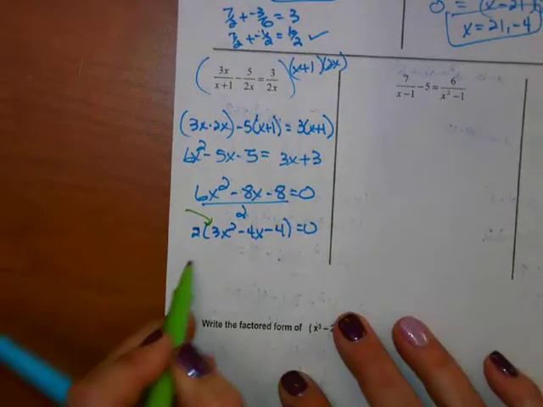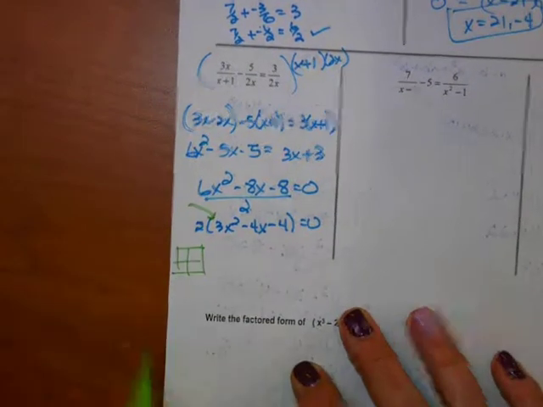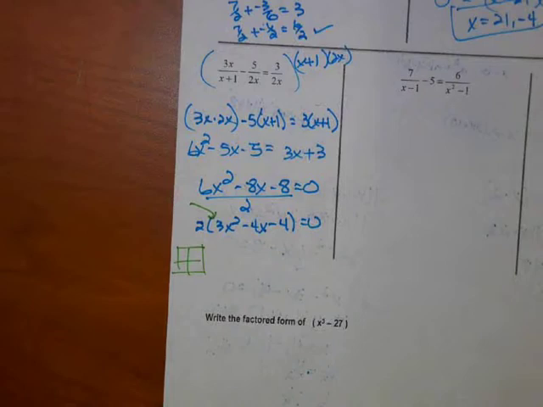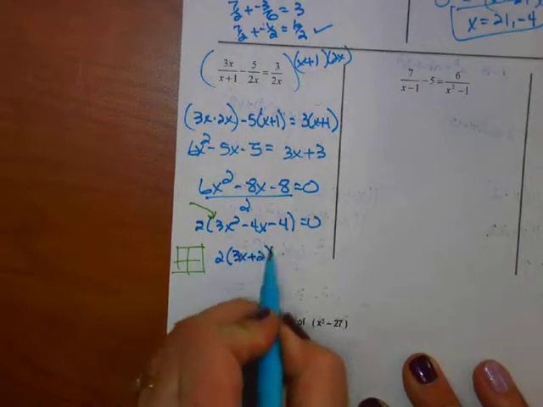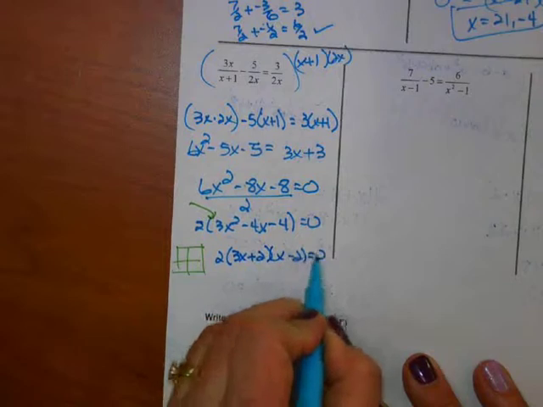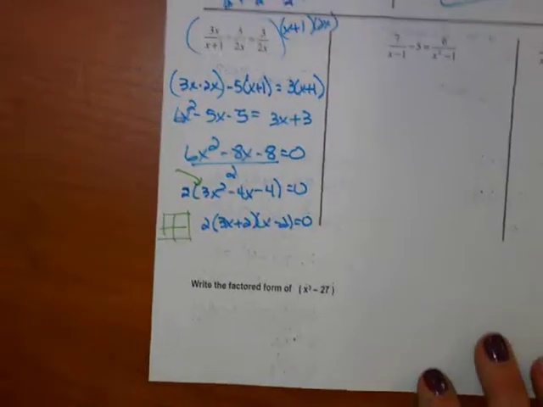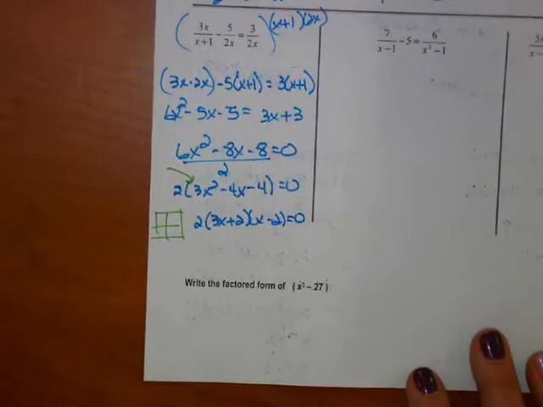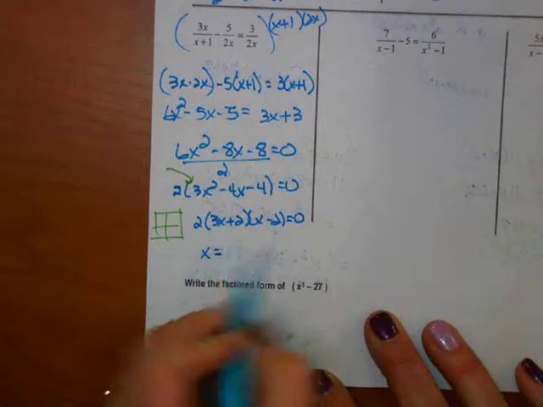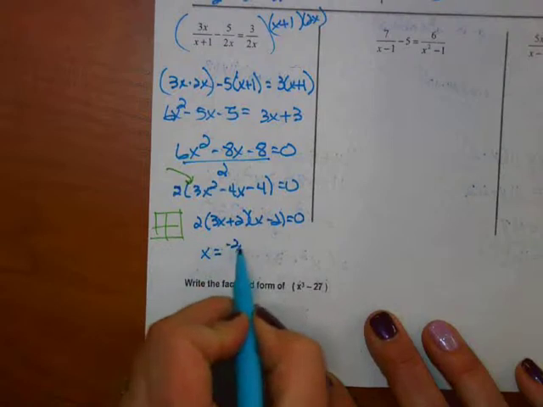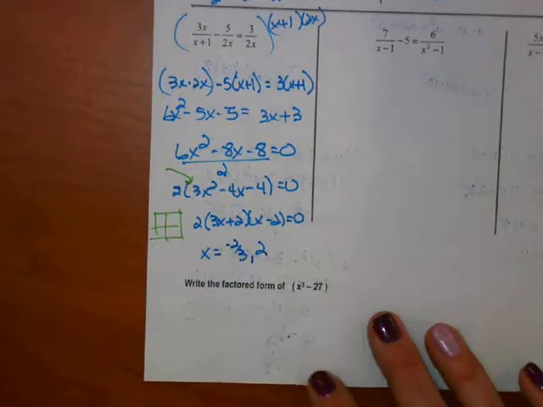I'm not going to do the whole thing with you, but once you factor it, it would look like this. Then you set this factor equal to 0 and that factor equal to 0, and you get this and this. And they both work.